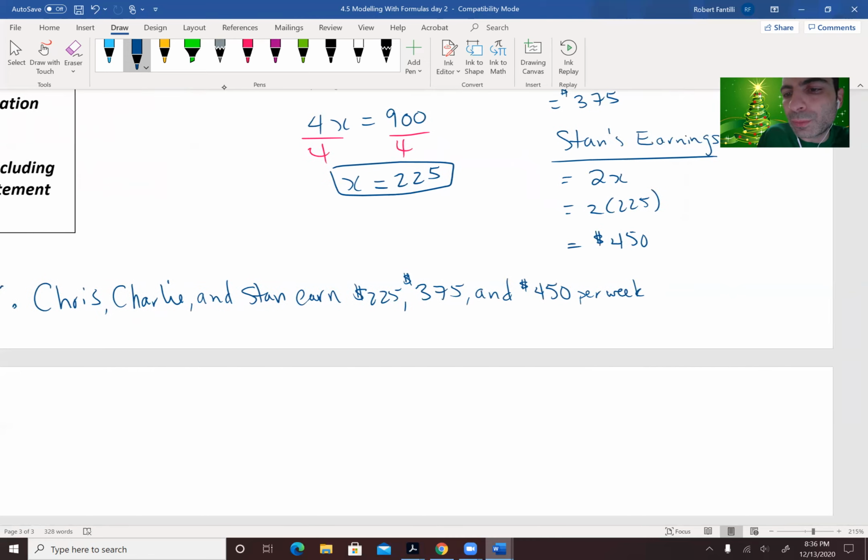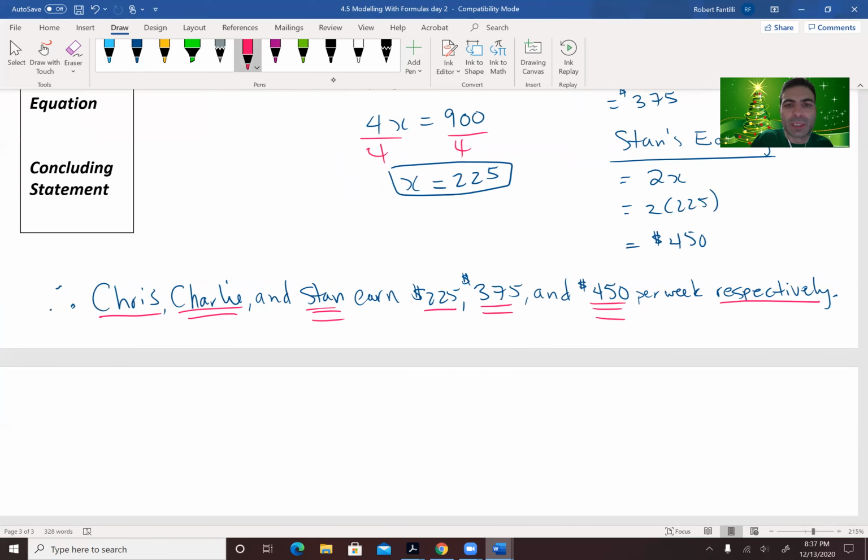And I'm going to use the big boy words here. What that means there, respectively, is that if I say Chris, Charlie, and Stan, then that's Chris, that's Charlie, and that's Stan. So in the order that you said them, it means respectively, okay?